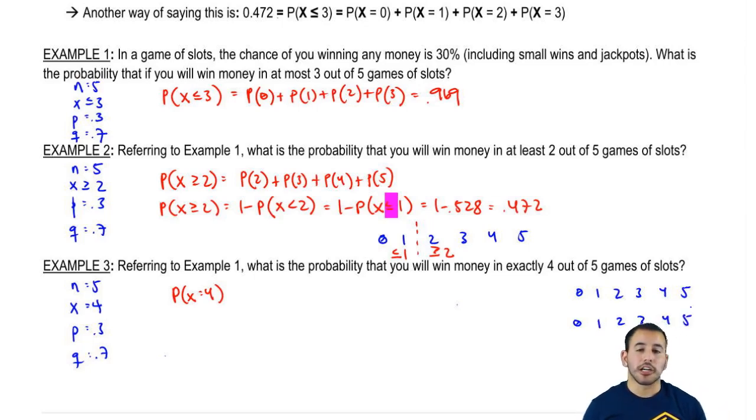So, essentially, we can look up 4, but 4 would give us 4 and less, right? Does that make sense? But is that what we want? We don't want 4 or less. What do we want? We want exactly 4, right? So what we have to do is a little math. So here, X is less than or equal to 4, cool story, but if we do another one, this one is X is less than or equal to 3, right?